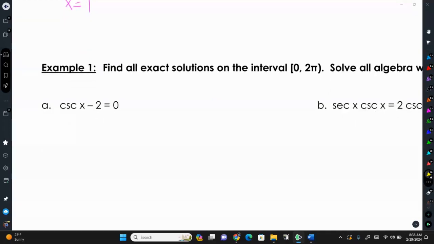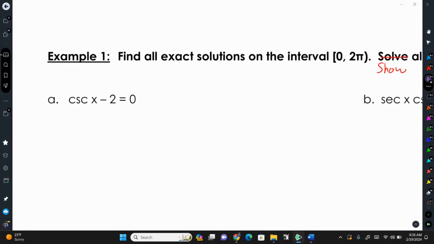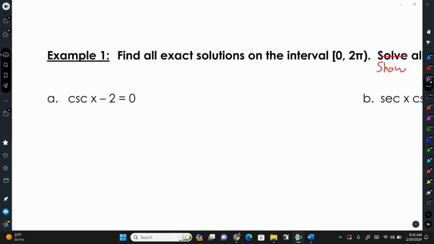So example 1, find all the exact solutions on the interval from 0 to 2 pi. We're going to show all algebra work. So cosecant x minus 2 equals 0. We're going to add 2 to both sides, so this becomes cosecant x equals 2. Now, me personally, I don't look at that and say, oh, I know on the unit circle cosecant of this angle equals 2.